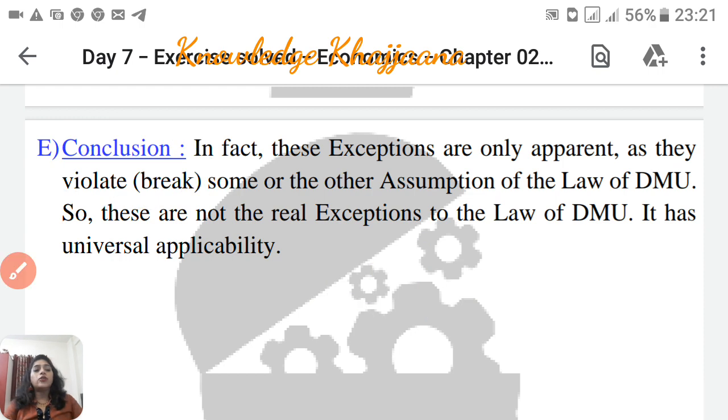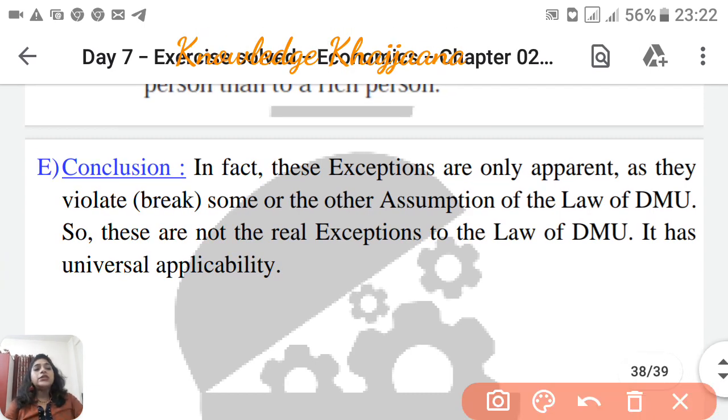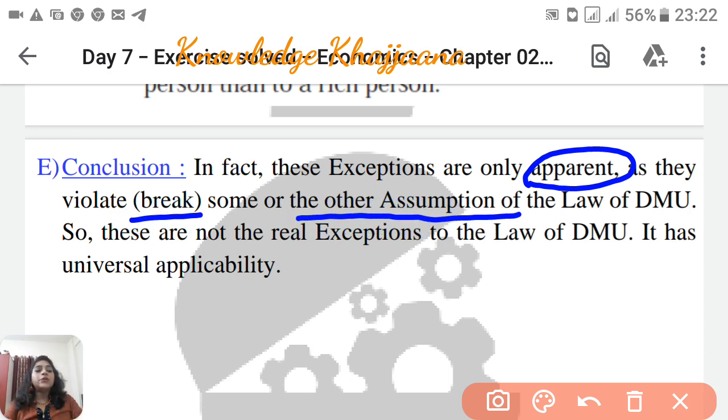See what you have to write in the conclusion. Here exceptions have been asked, so you write: in fact these five exceptions which we gave are only apparent, meaning superficial, not true, as they violate or break some of the assumptions of the law of diminishing marginal utility.